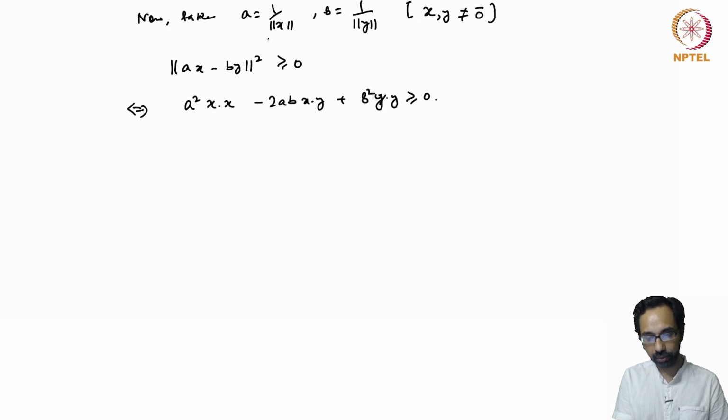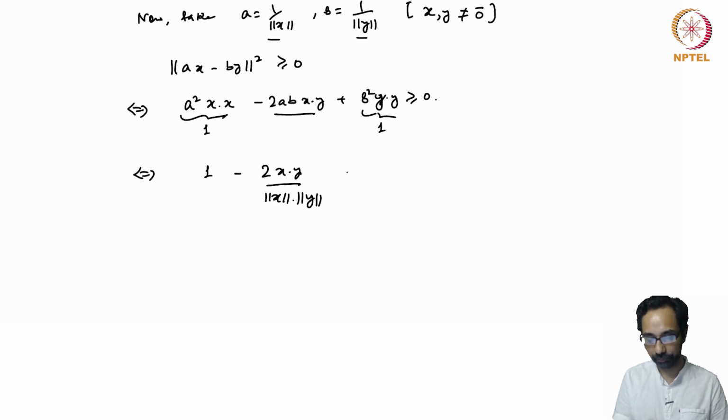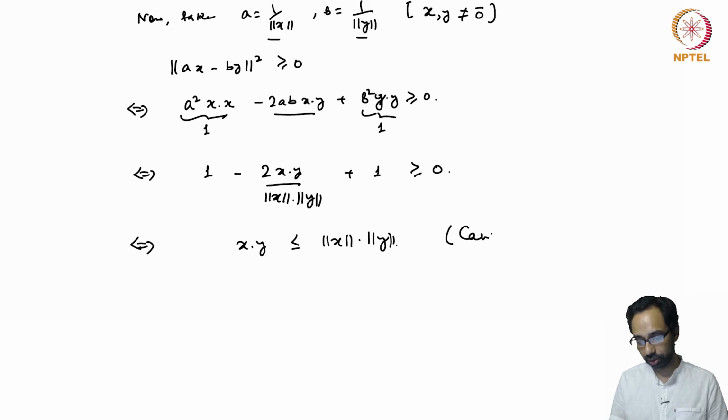If you plug in the values of a and b here, this will be 1, this will be 1, and this term will give you, let me write it, 1 - 2 x · y over norm of x times norm of y + 1, which is greater than or equal to 0. After some rearrangement you will get the Cauchy-Schwarz inequality. Okay, so this is the Cauchy-Schwarz inequality.